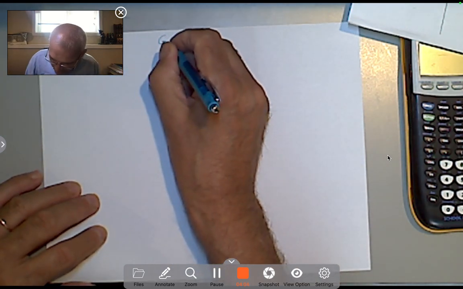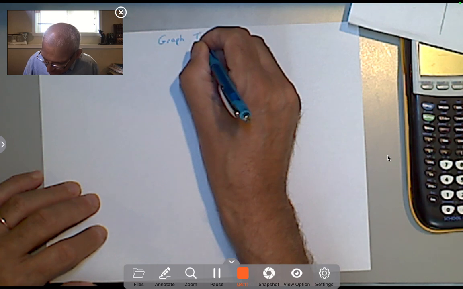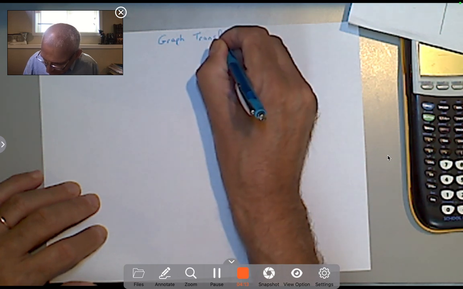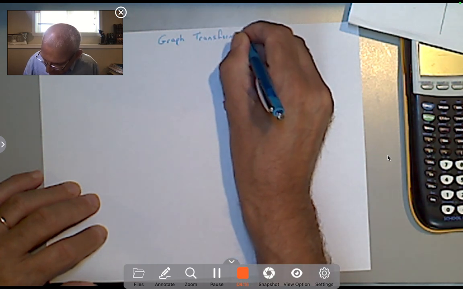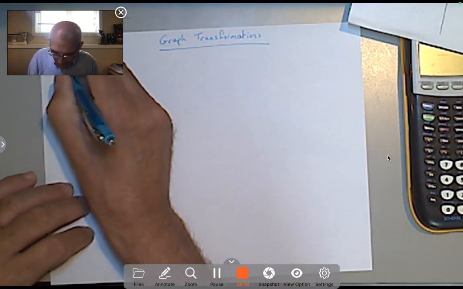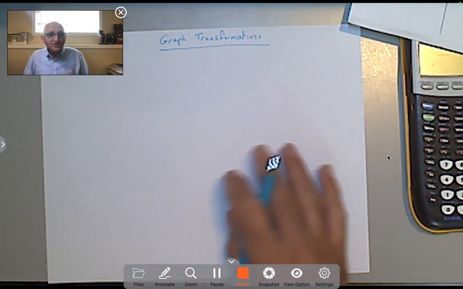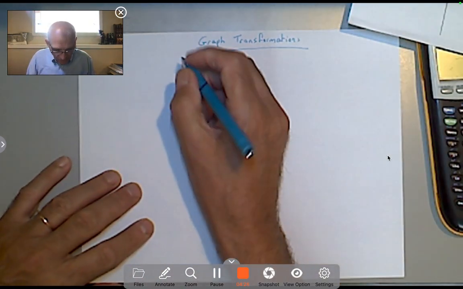so graph transformations, and this is the second session, graph transformations. Suppose the example we have here is we want to describe and graph the following curve.